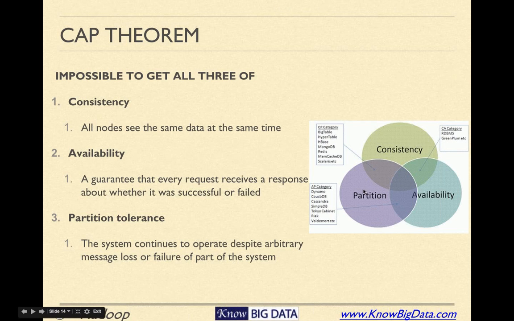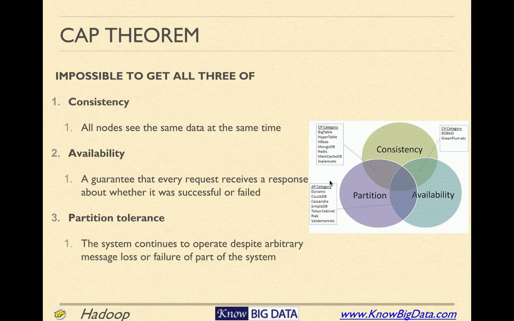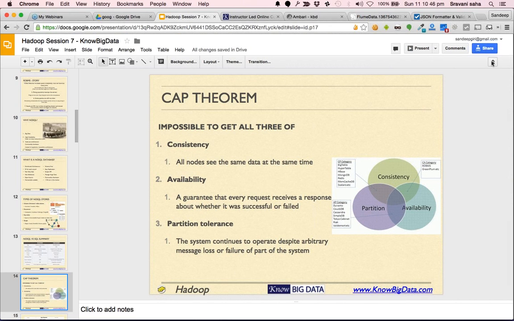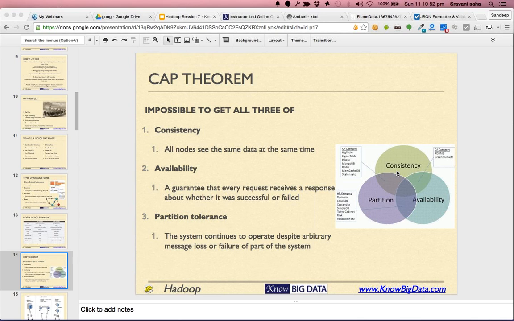So this diagram vaguely displays who lies on what side. This diagram vaguely tries to display which database lies where. You can see that on the consistency and partition tolerance side you have Bigtable, HBase, and others.